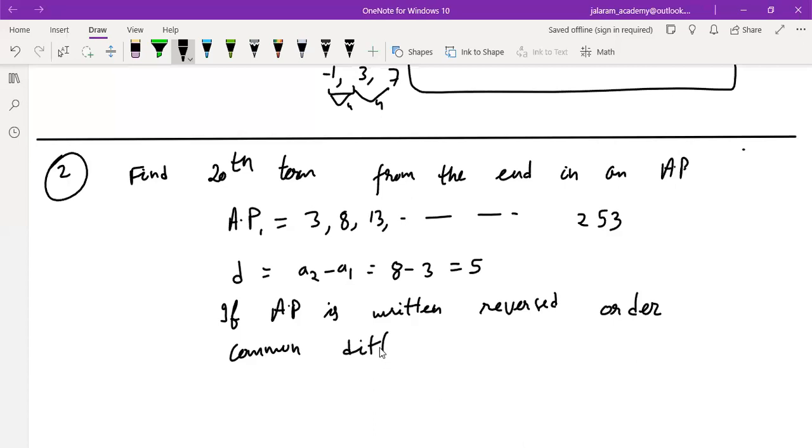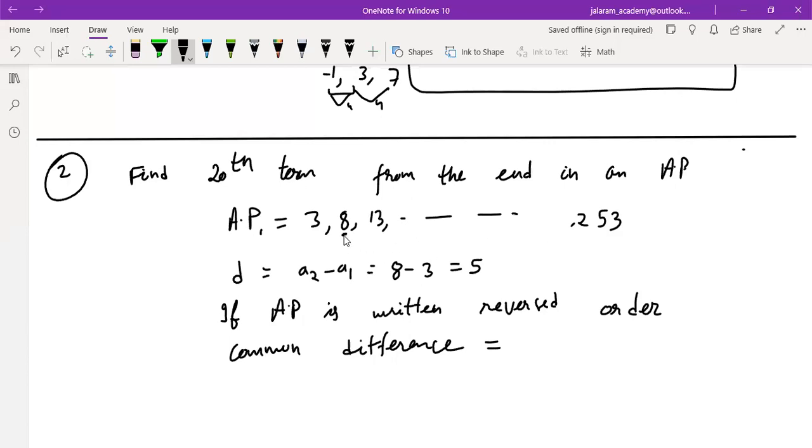When it is written in reversed order, what will be the first term? 253. If 253 is the first term, then what will be the next term? 248. This is an increasing AP, you can see.